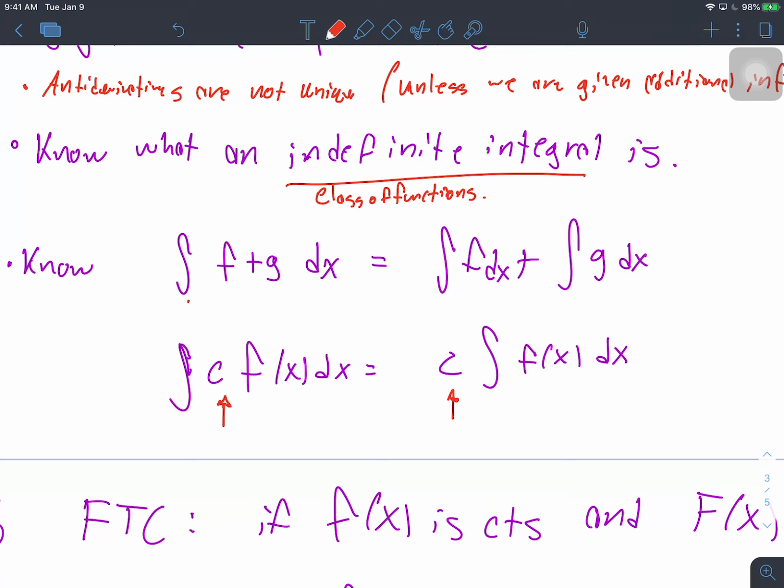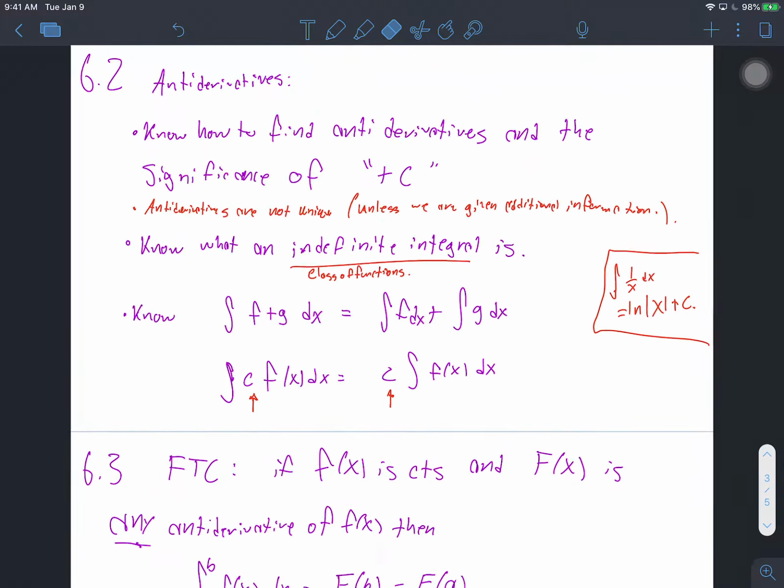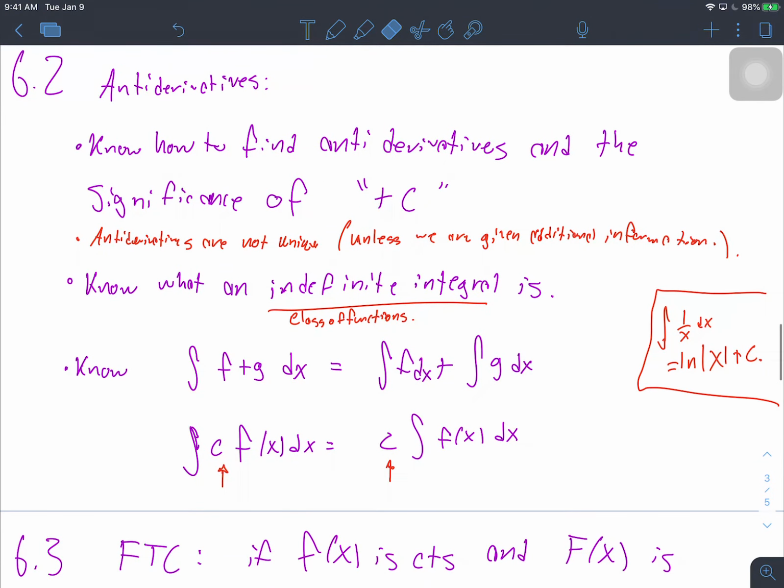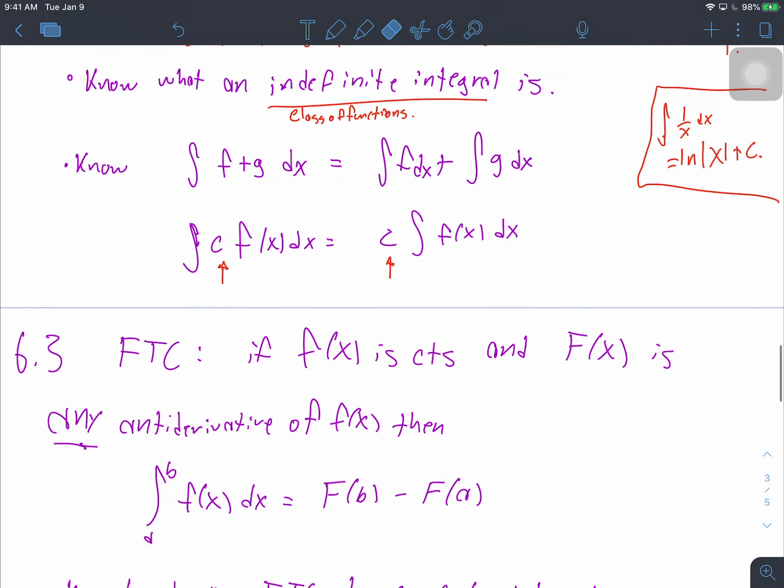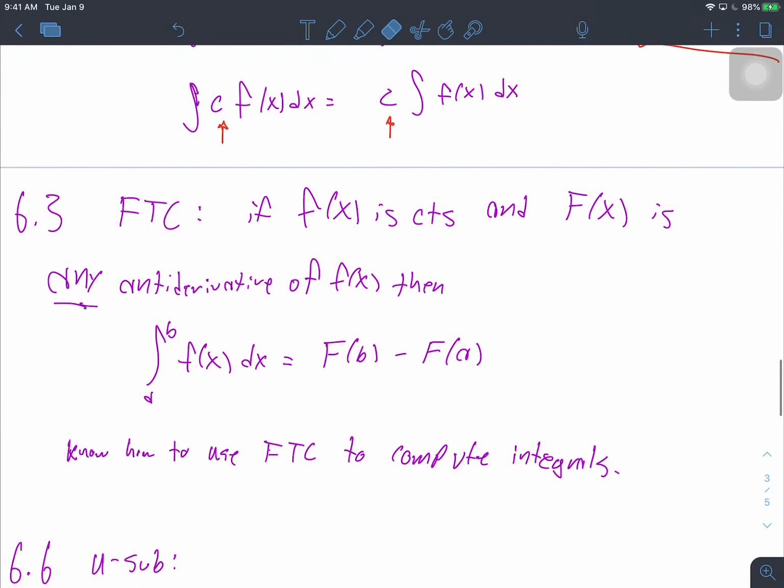And these also work if we were to put a and b here. We can put a and b here and a and b here. That's perfectly fine. We can do this with definite integration as well, but we don't necessarily have to. Works for both. Okay, so that's 6.2, mainly about finding antiderivatives.